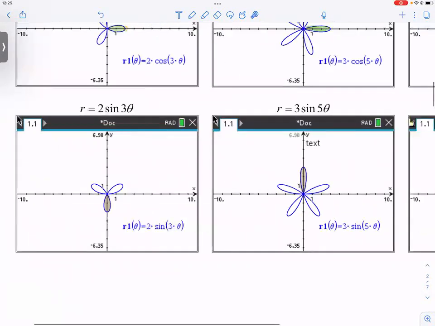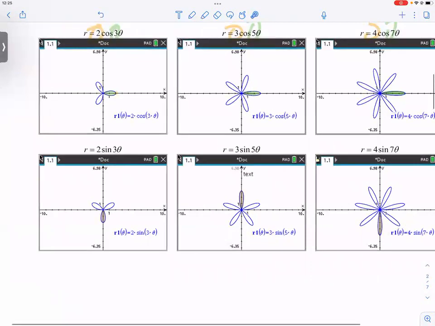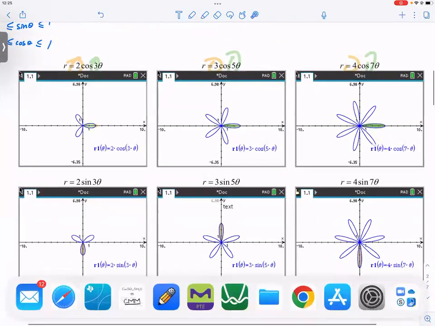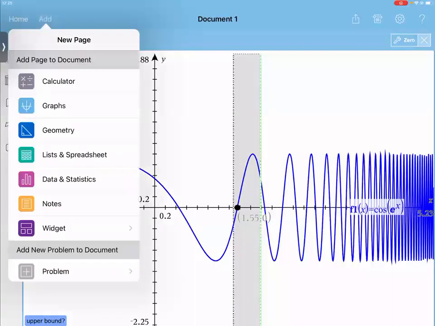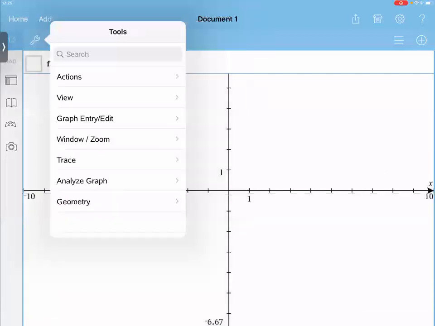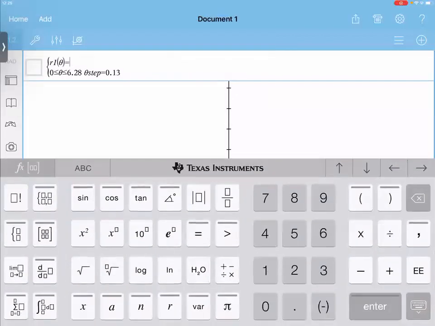Well, the number in front of the sine just tells you how long it is. I think it's just a coincidence that this is odd, this is even. For example, let me go ahead and make a graph real quick. Let me delete this, and then we have graph entry, polar.